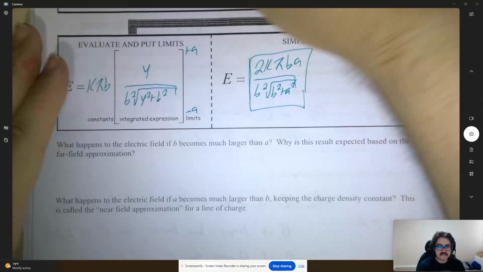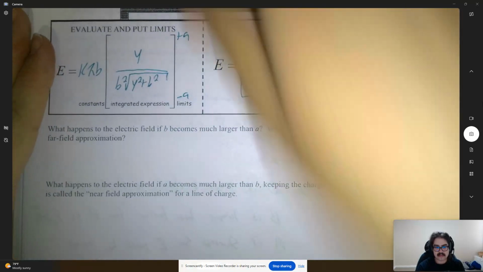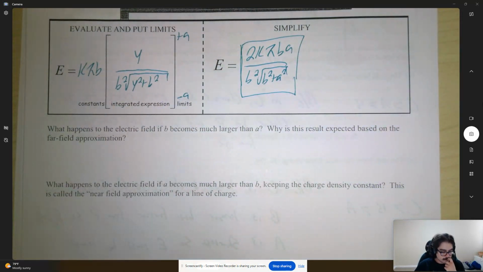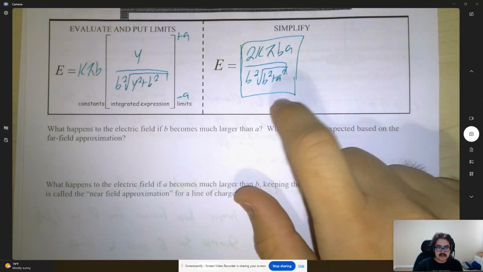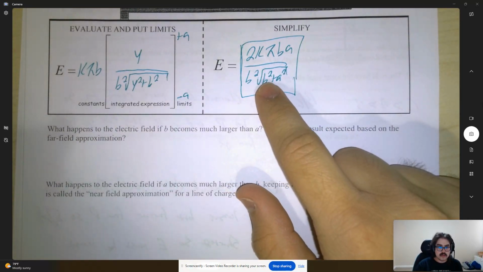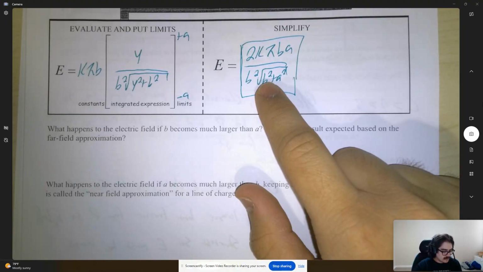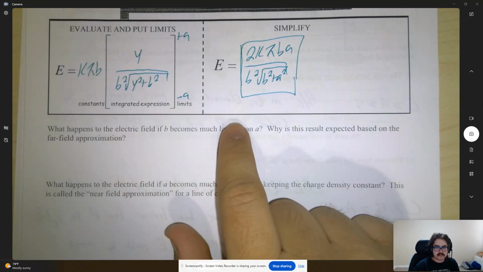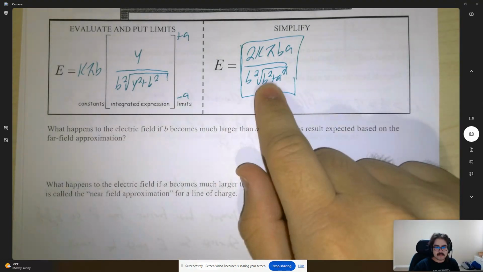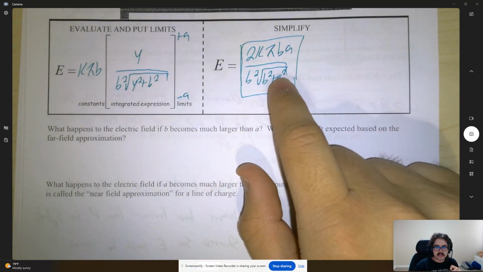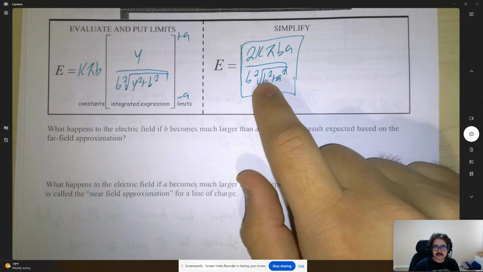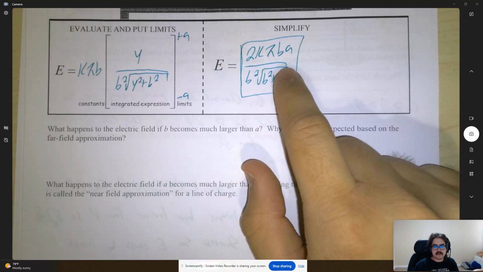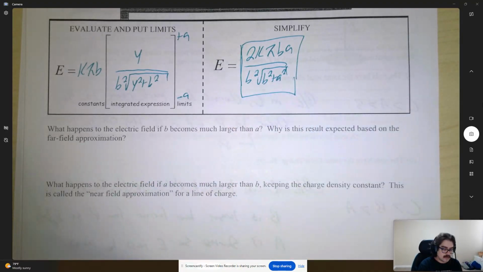Now, for the electric field, if b becomes much larger than a, then you're going to notice that this whole thing on the bottom is going to turn into b.